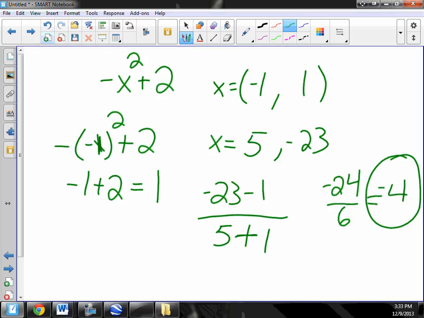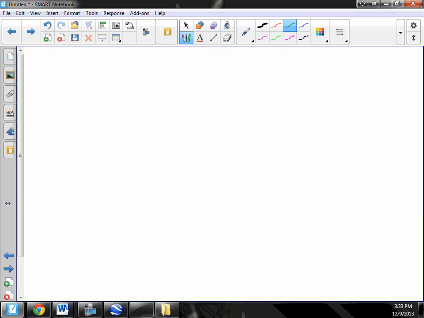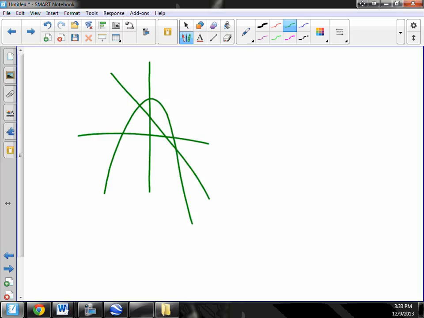So I was walking in the wrong direction, so my slope is negative. If you were to graph that, it would look like this. So we'd have like that. So you can see that I'm walking in the wrong direction. So that slope is negative.